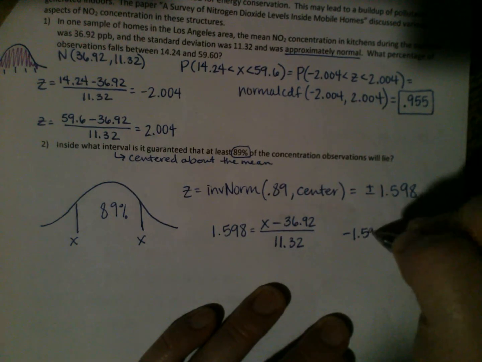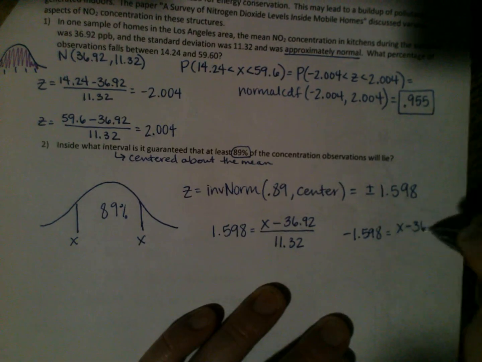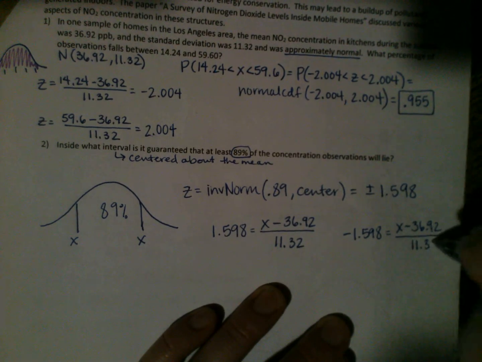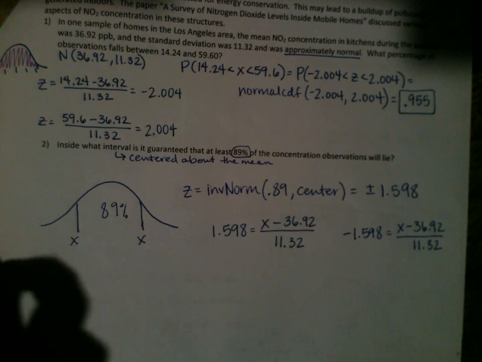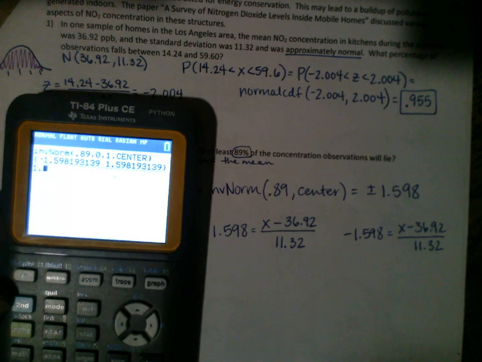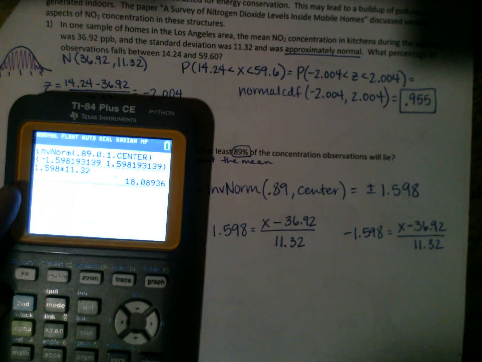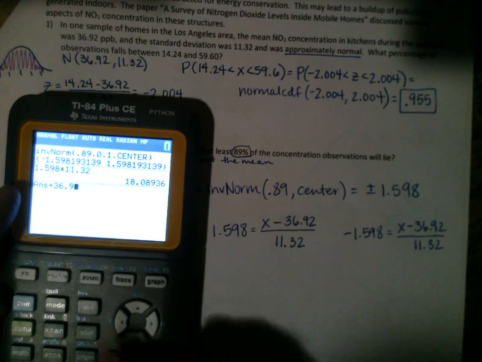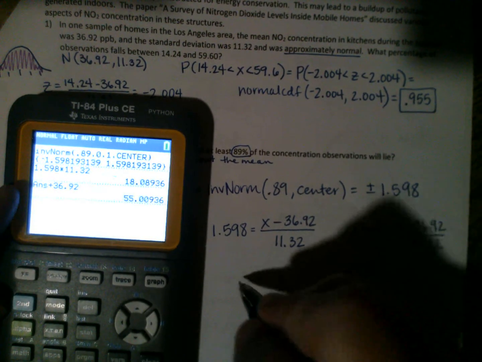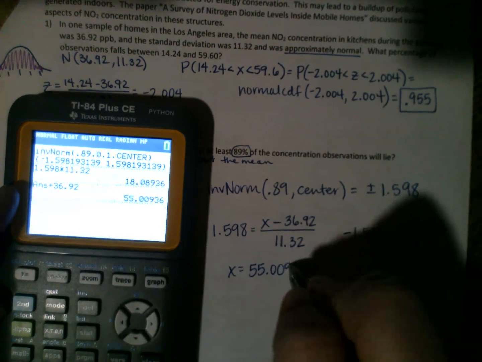Negative 1.598 equals x minus 36.92 divided by 11.32. So 1.598 times 11.32 plus 36.92. This x value is 55.009.